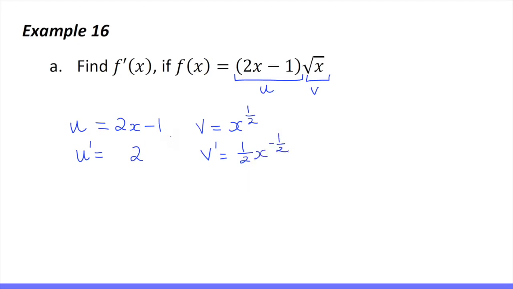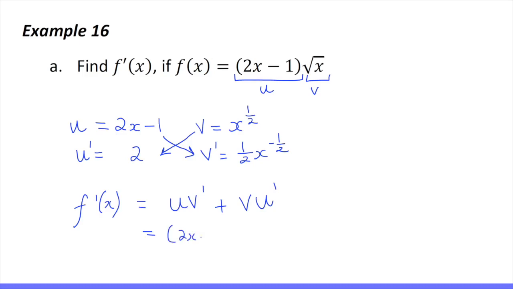And now the product rule is really just multiplying by the opposite, because the product rule f dash of x is simply equal to u times v dash plus v times u dash. Or if you remember these arrows, it's just a little bit easier to be able to do so. So that will be (2x minus 1) multiplied by a half x to the power of negative a half, plus x to the power of a half times 2.